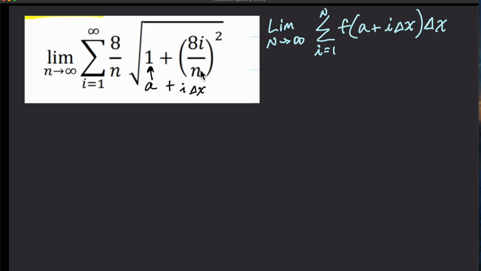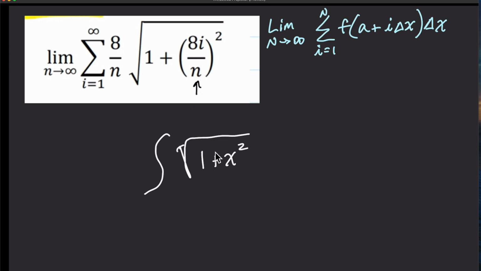What we have to say to ourselves is this is where the steroids were plugged in. So our integral had a square root for sure. It had the 1, and here's where the x was, right there. So when we went from the integral to the Riemann sum, this is where the steroids were plugged in.